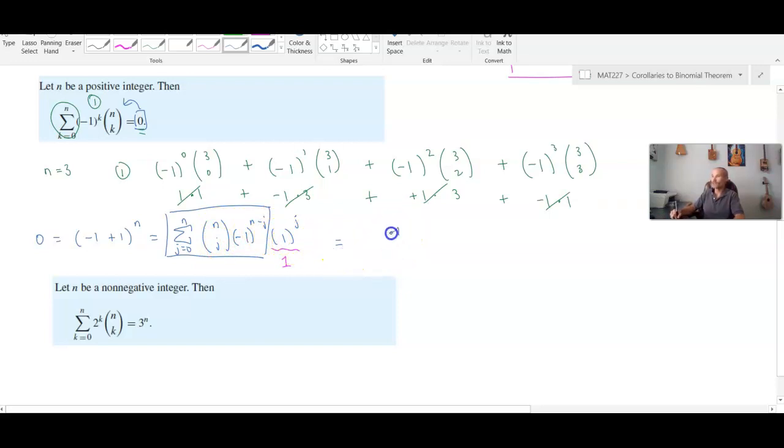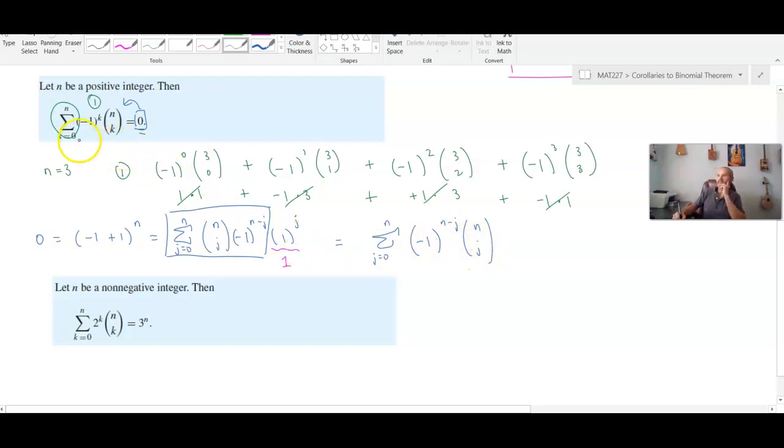So this is really just the sum from j equals 0 to n of negative 1 to the n minus j power multiplied by n choose j.